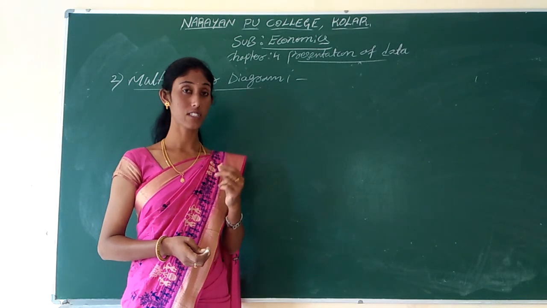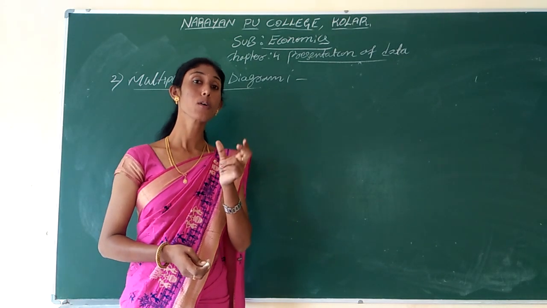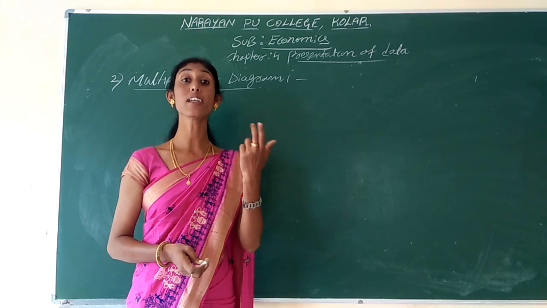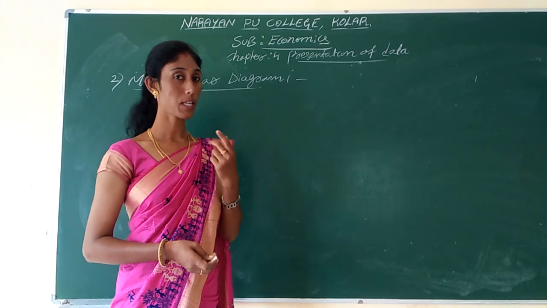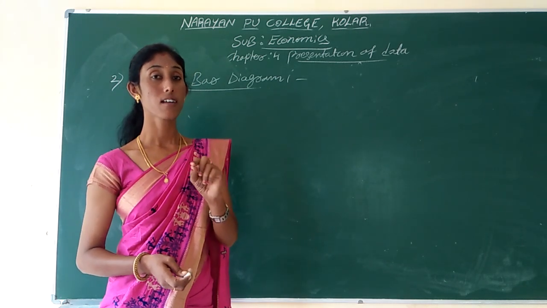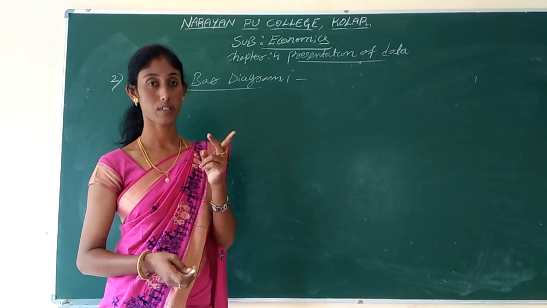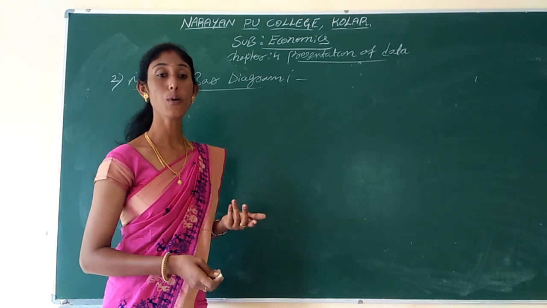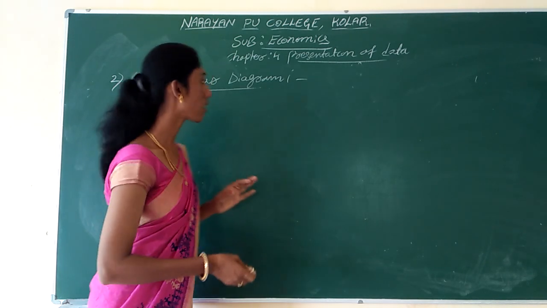The word itself indicates it: multiple means two or more than two. Got it? That's why multiple bar diagrams are always useful to present two or more types of data. Understood, right? Take the meaning now.